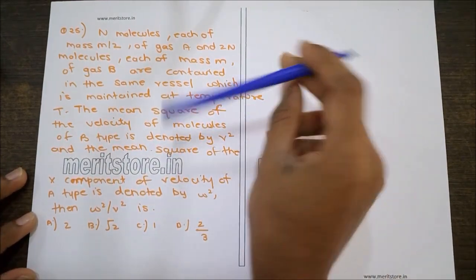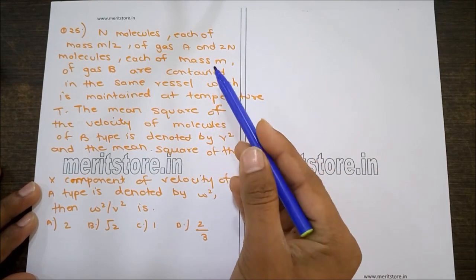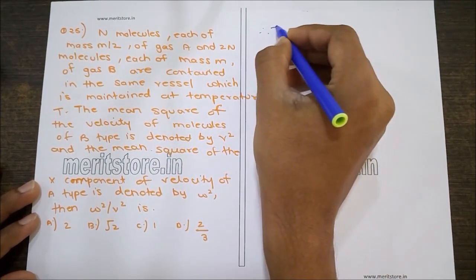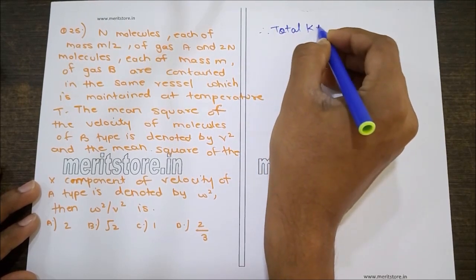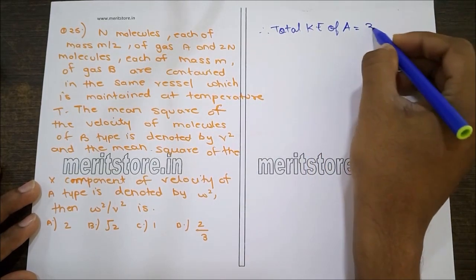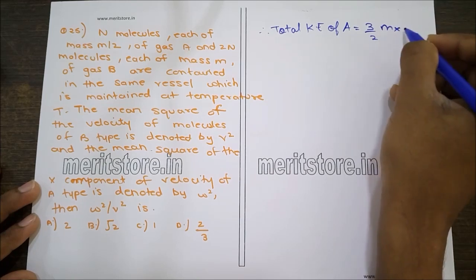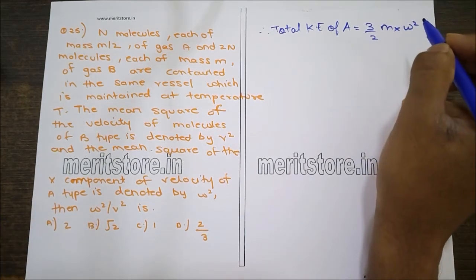Now since for gas A, the x component of velocity is given, the total kinetic energy of gas A can be given as 3 by 2 times mass times the velocity of the x component, that is given as omega square.